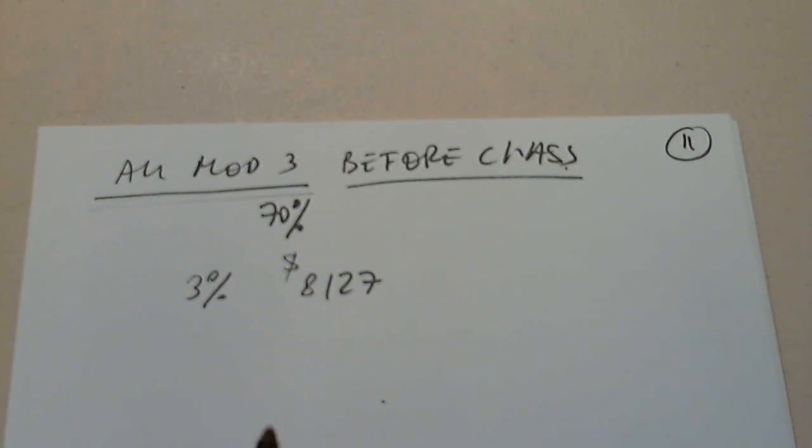She sold one at 3%, and she got $8,127. We want to set up an equation to solve and find out the price of the house she sold. We just want to set it up for now, and then we want to solve and get the price of the home.